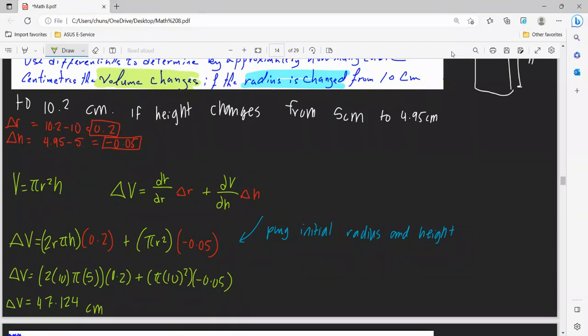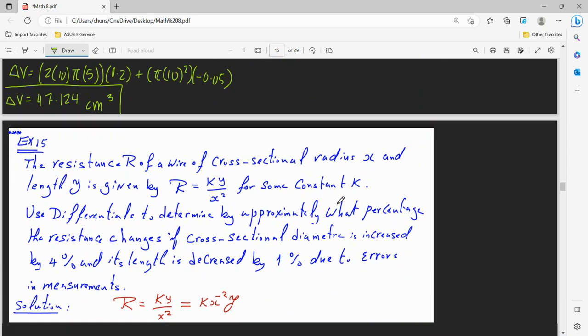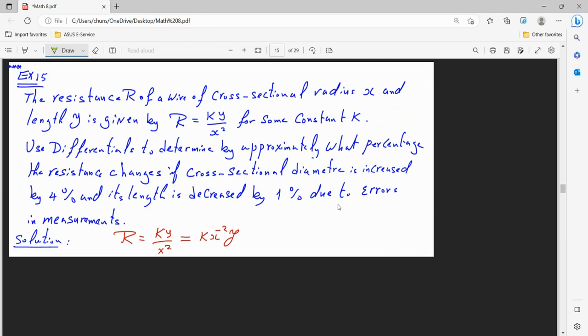And this is in centimeters cubed because we are working with volume. Right, so that is how to work with problems like this. Let's see if we can apply it to this example here, where we are working with resistance.